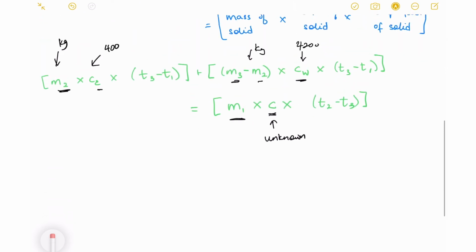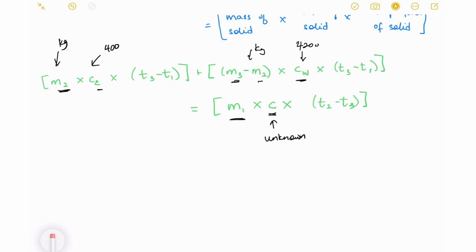Right, so once you put all of that in, you are going to solve for C. Once you solve for the value of C, you are going to take that value and do a little bit of research and determine what material that is.